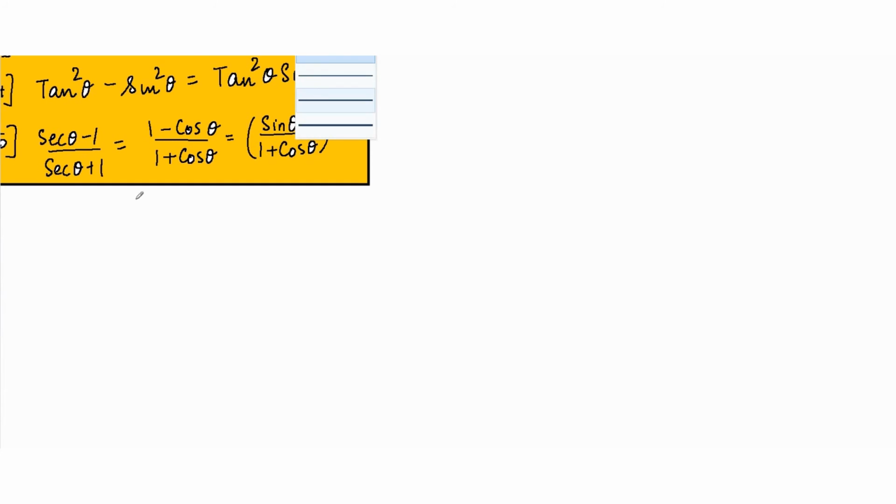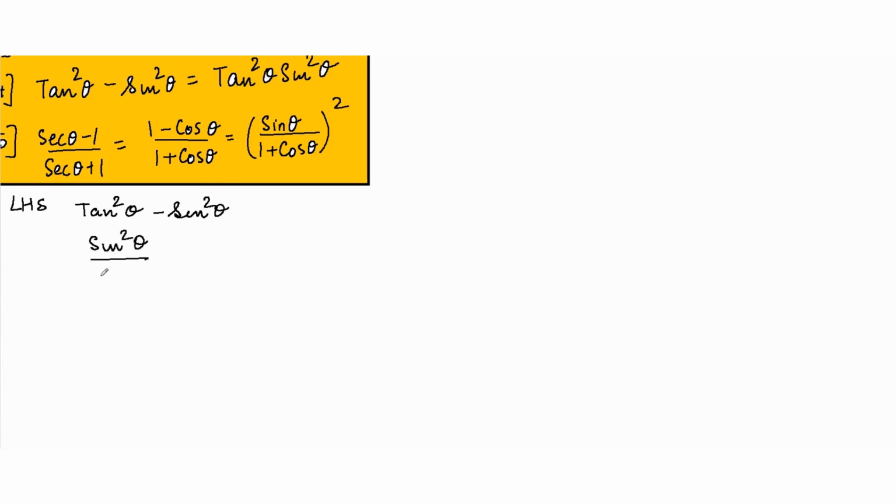My left hand side right now is tan square theta minus sine square theta. So what I'm going to do is write tan square theta as sine square theta divided by cos square theta, minus sine square theta, right? Now I can definitely take out sine square theta as common.